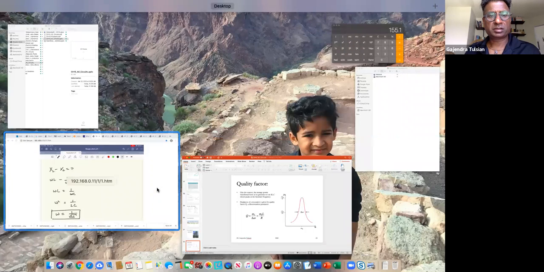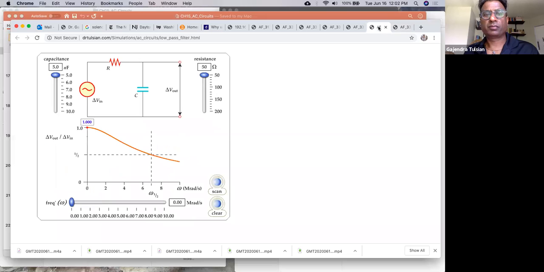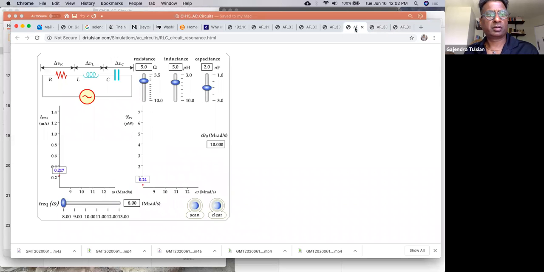Let me show you a curve. So what we'll do is change the frequency of the AC source, and the current and the power delivered to the circuit will change with frequency. You'll see for these frequencies the current is increasing.